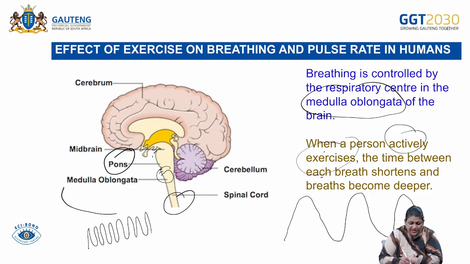The rate and depth of breathing is going to increase very rapidly. So for a person who's actively exercising, the time between each breath becomes shorter and the breaths deeper. See how long it takes between that breath, then that breath, then that breath. But look here, how fast it is.